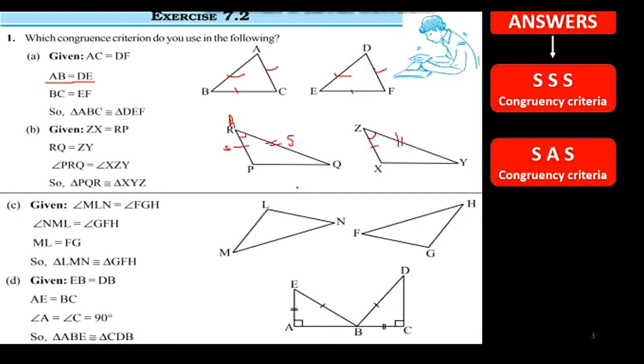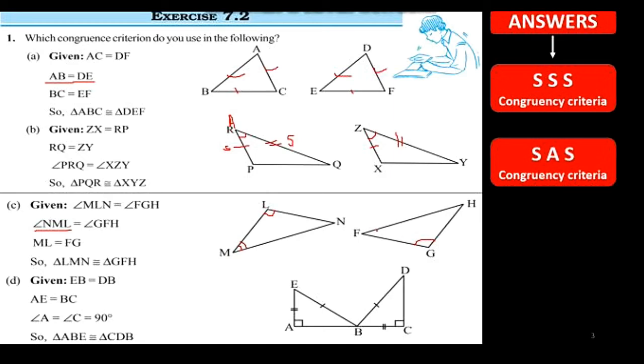Question 1c. Given angle MLN is given equal to FGH. Angle NML is given equal to GFH.